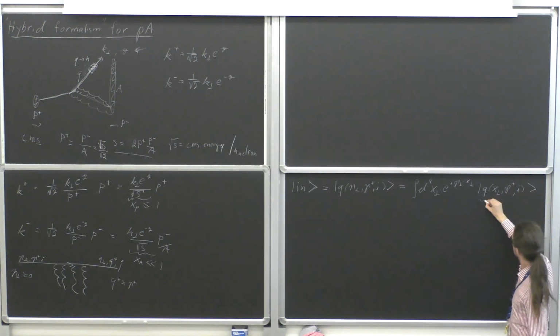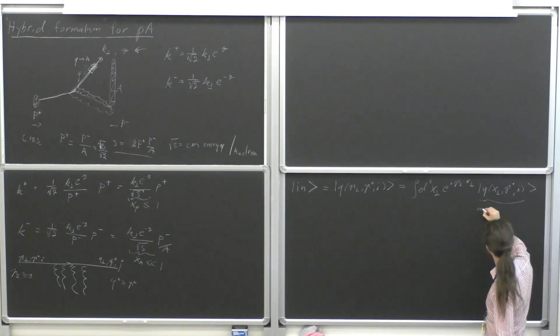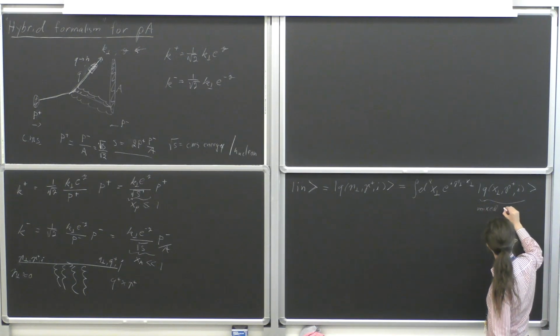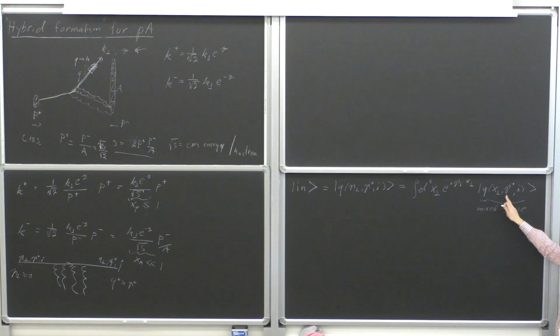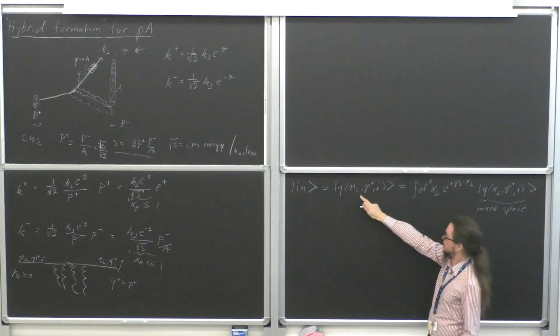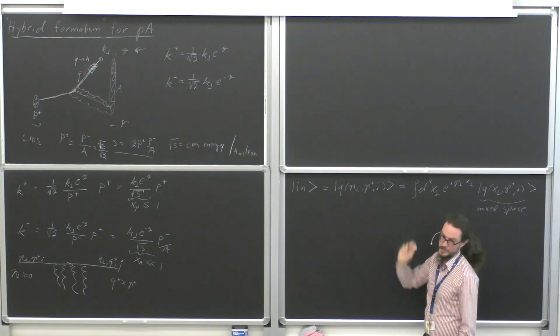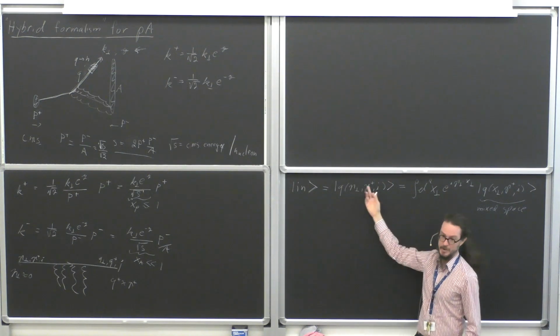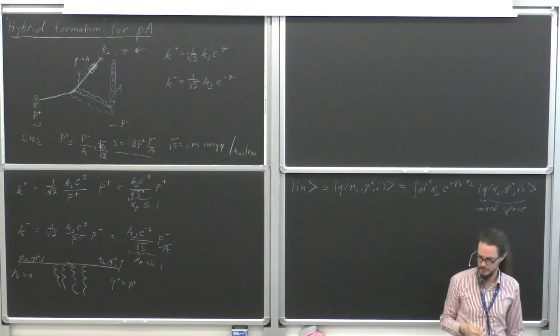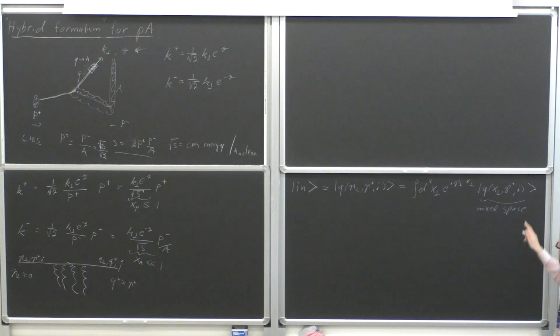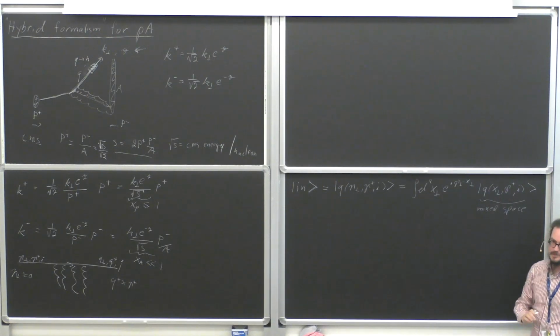Now, these are called mixed space states. Mixed meaning here transverse coordinate and longitudinal momentum. Right? This is an on-shell particle, so I only need the 3 components of the momentum. The P minus of this state, an on-shell quark, is determined by the on-shell relation. Such a Fourier transform you can always do.